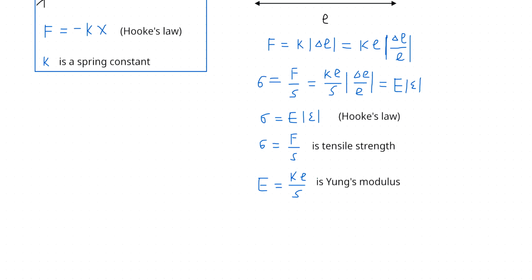So epsilon is equal to delta L divided by L, which is relative elongation or relative extension.